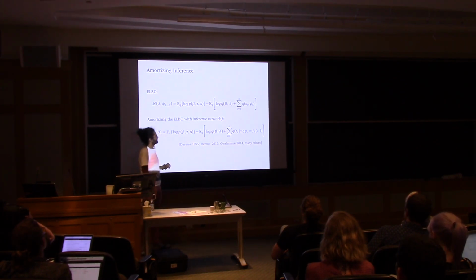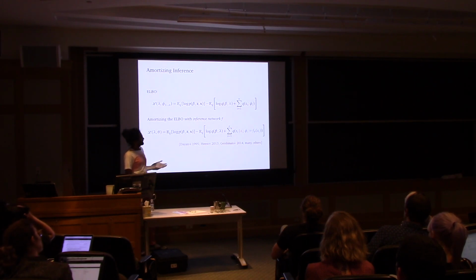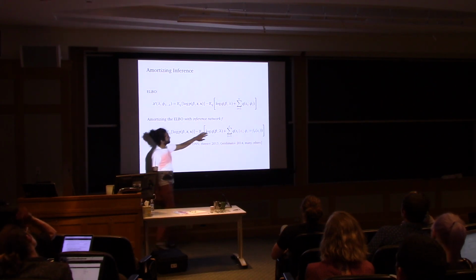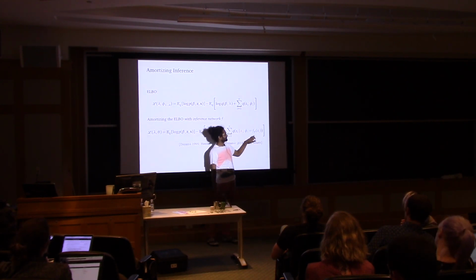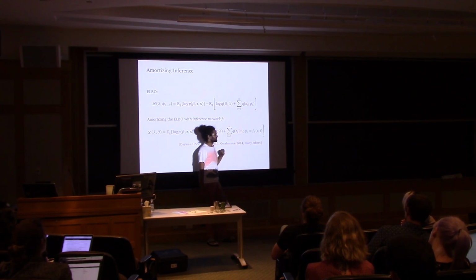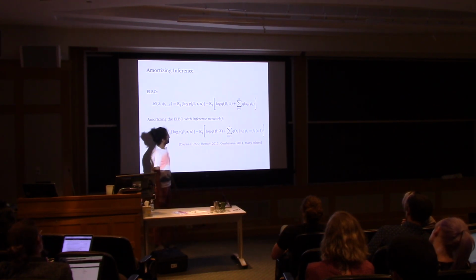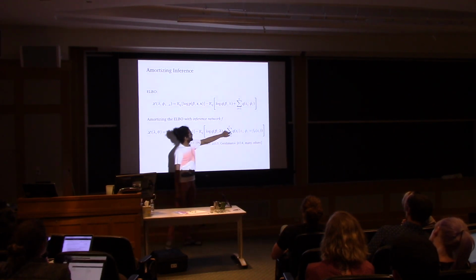What you'd like to have is these local variational approximation parameters be functions of my data with a shared global parameter. There's a missing log here and here.